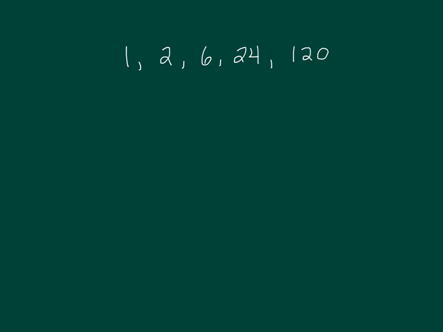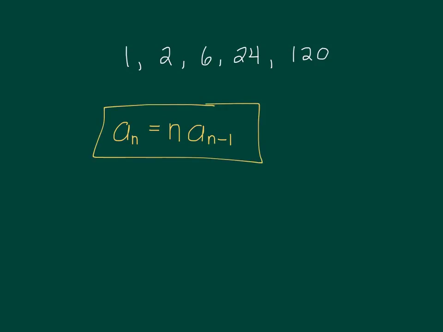The recursive formula for this sequence, the nth term is given by n times the n minus 1 term. Right? So, with a recursive formula also, if you're given a recursive formula like this, you also have to provide what is the first term. In this case, it's 1.